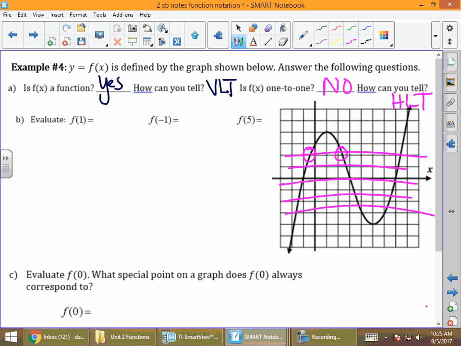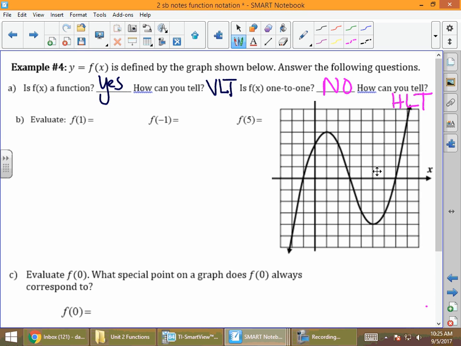But we touch it here, and here, and there. At least one horizontal line touches it 3 times, which means that it is not a 1 to 1 function. But we're still going about the same kinds of things that we've been doing with our equations, with our table, and now a graph.